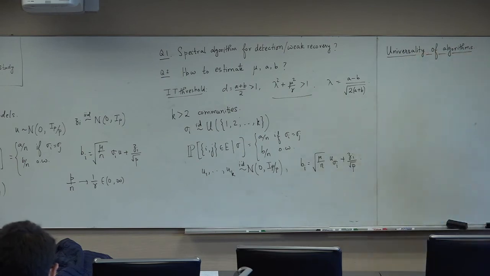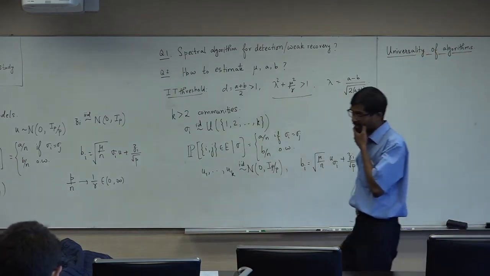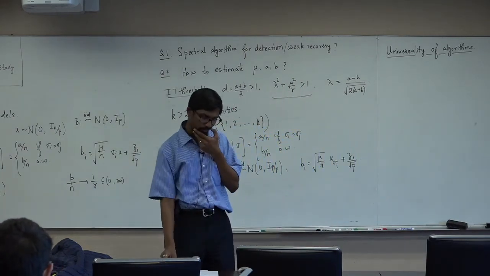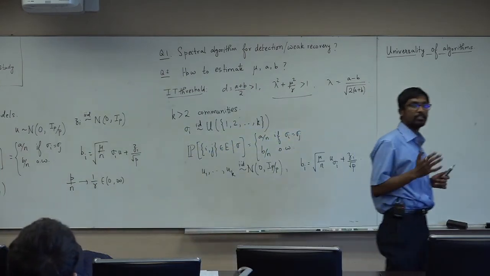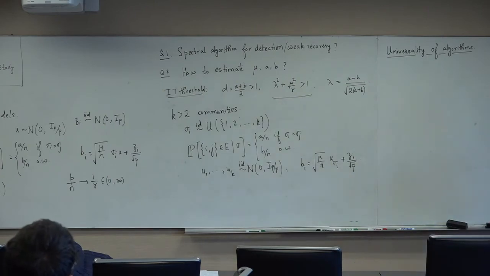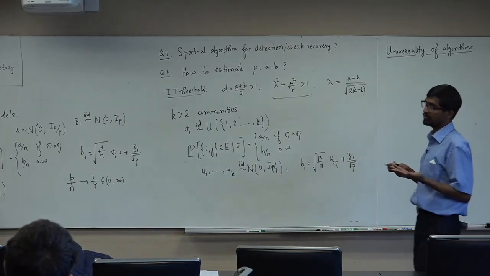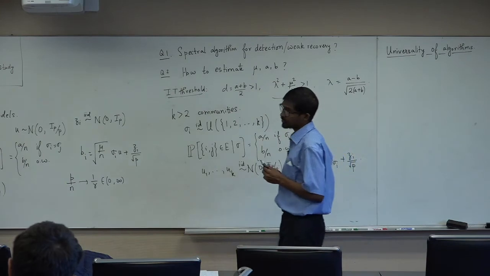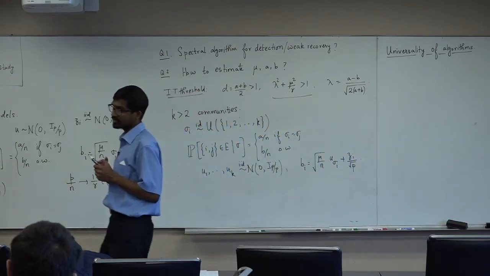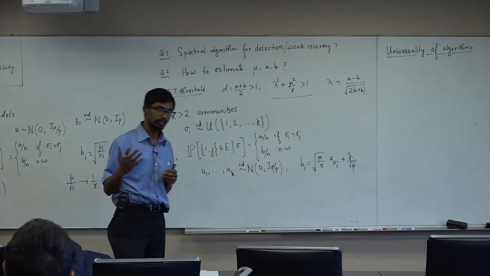So far, when I presented all these results, I have always made very stringent assumptions on the distributions, especially on the noise, right? So in the context of Z2 synchronization, I have always assumed that things are Gaussian, the noise is Gaussian and things like that.